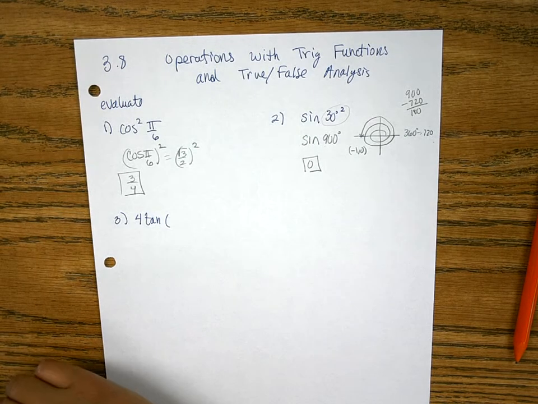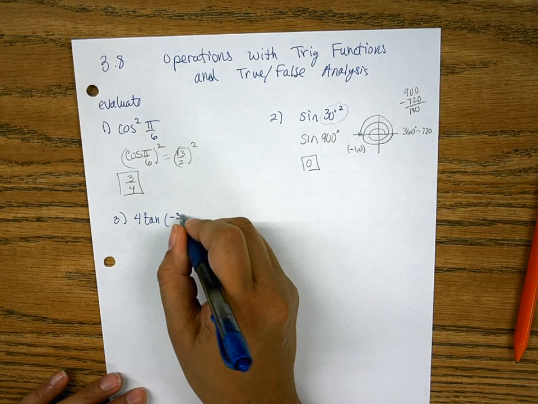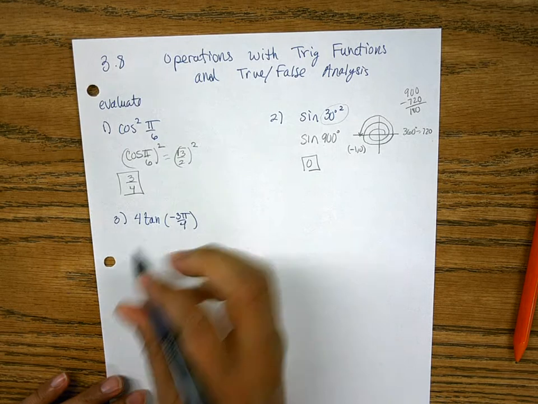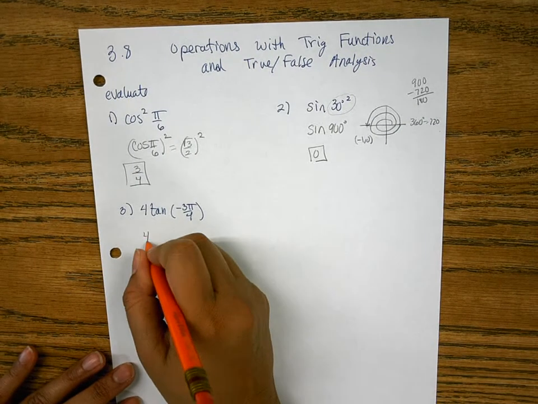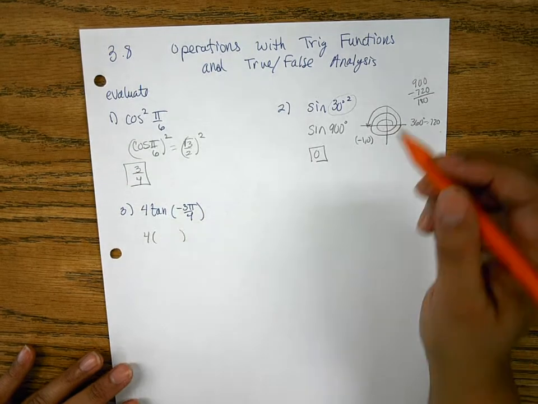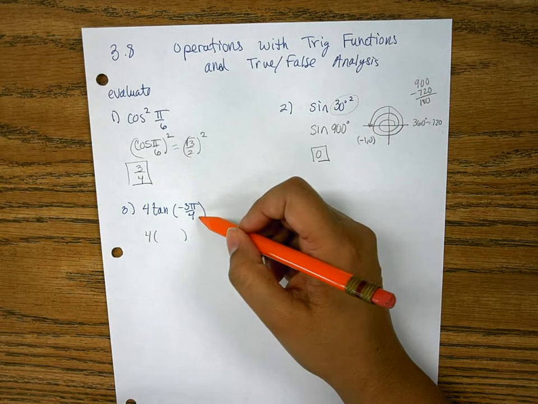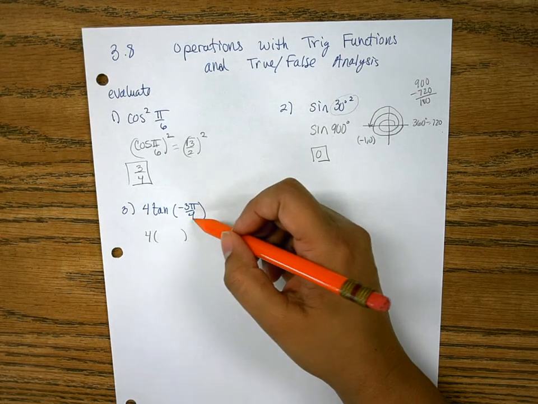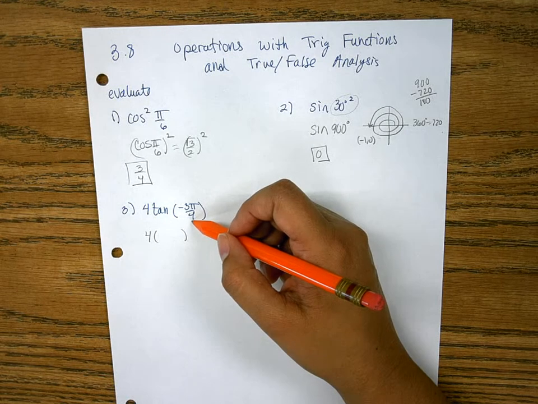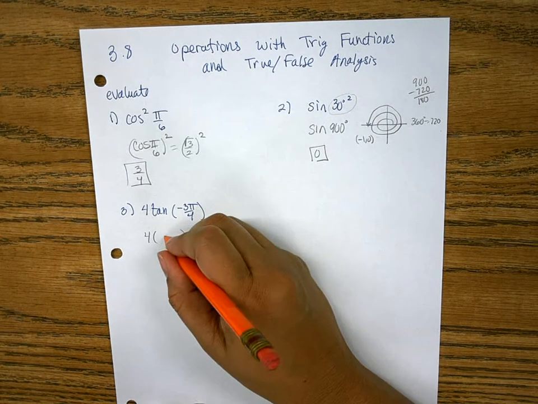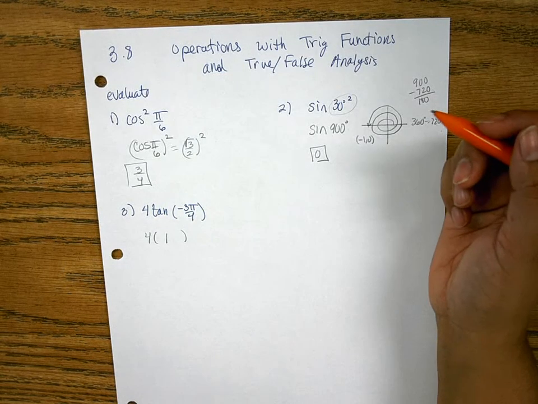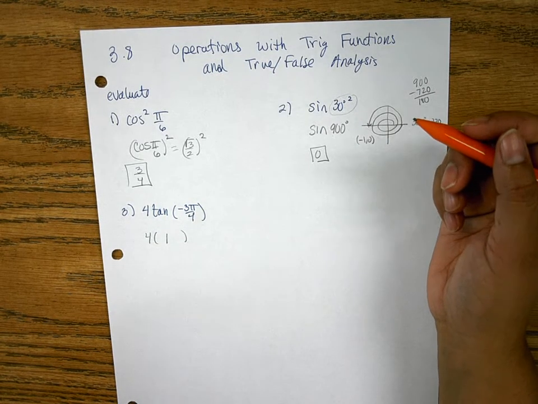All right, number 3. All of these will be on the quiz as well as the test. 4 times tangent of -3 pi over 4. Okay, 4 times whatever this value is. I like pi over 4 or reference angle with a 45 because it's 1 over root 2 for sine and cosine and 1 for tangent.